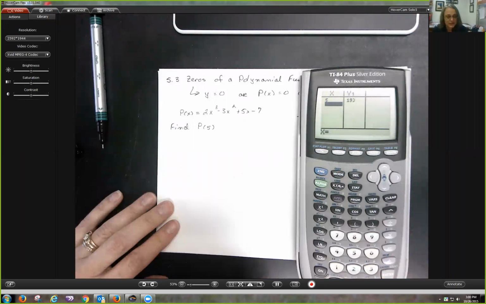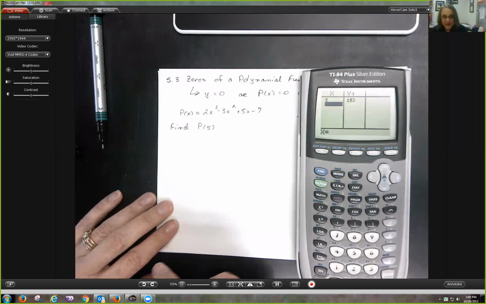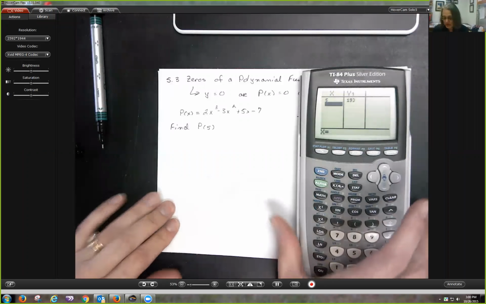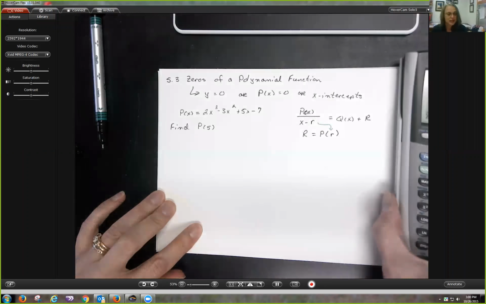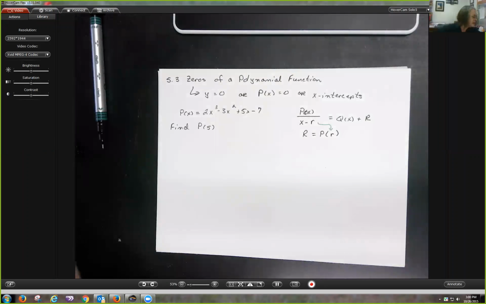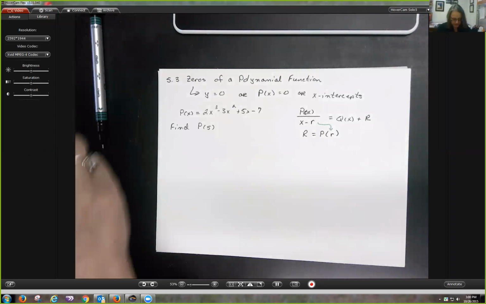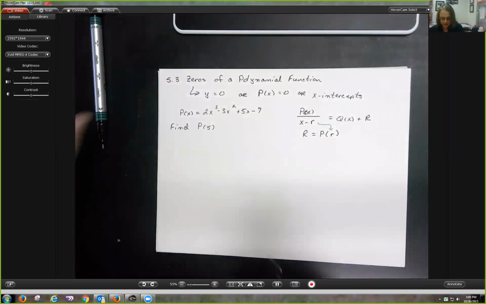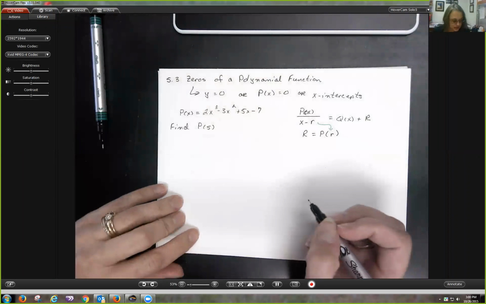If we had found a 0, that value would be 0, because that's what the zeros are. The other way of finding a functional value is to take advantage of this remainder theorem and just do synthetic division.